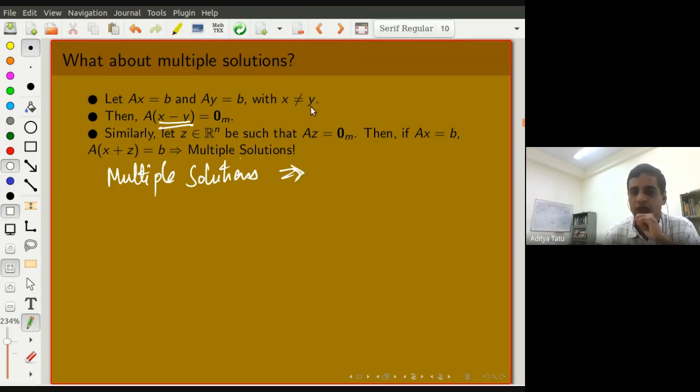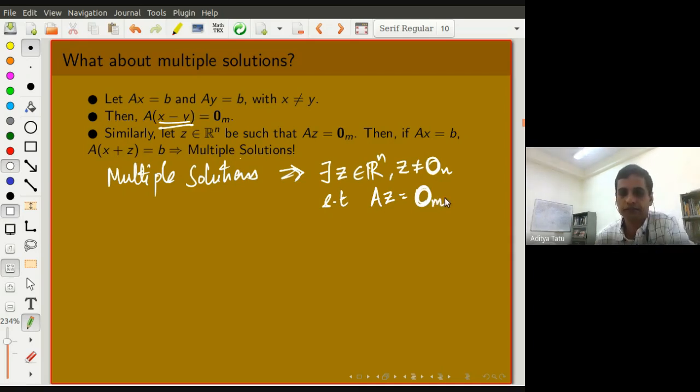X is not equal to y, right? So x minus y, of course, will not be 0. If I denote this x minus y by z, z is a non-zero vector such that Az is equal to the 0 vector.